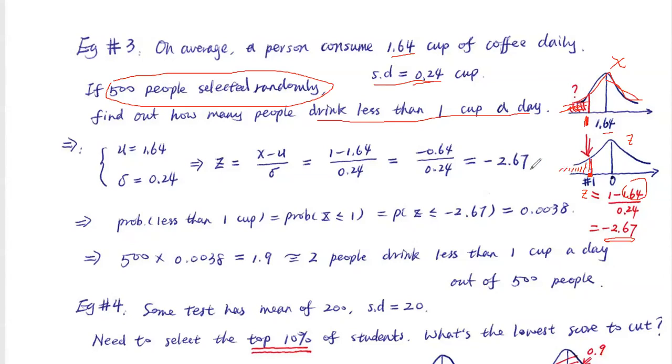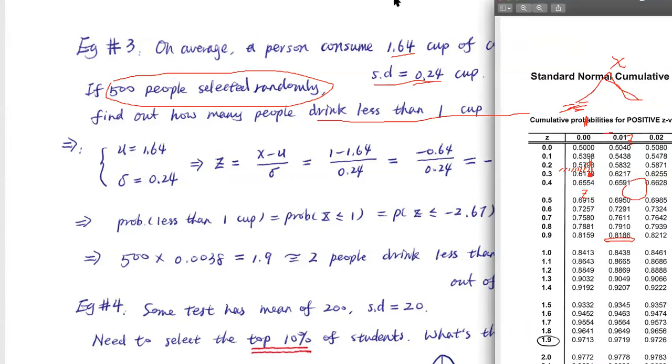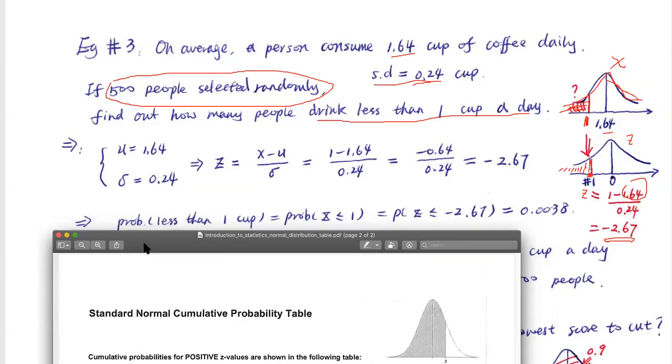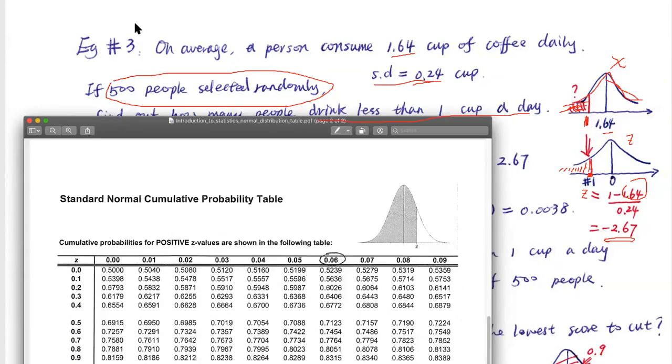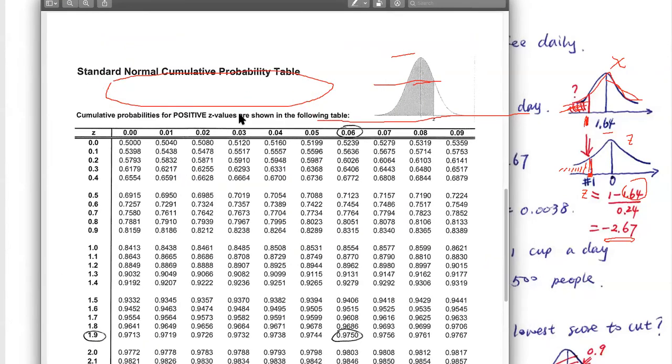Follow me. I'm going to do this one more time here, and I'm not going to do that anymore, okay? So we are looking for negative 2.68. Where is that?